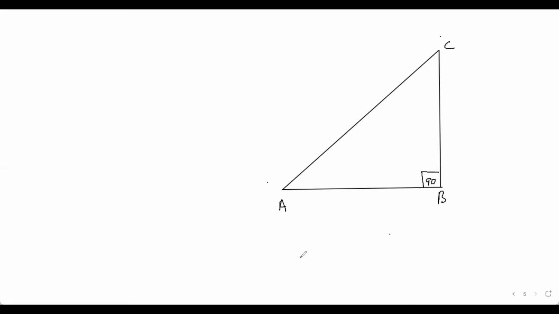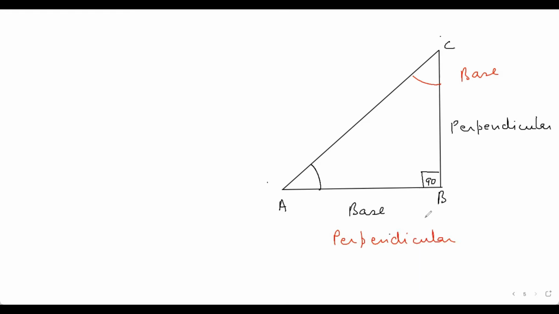Now this is a right angle triangle ABC, right angle at B. Now if I talk about this angle, angle A, then this is base and this is perpendicular. If I talk about this angle C, then this is base and this is perpendicular.